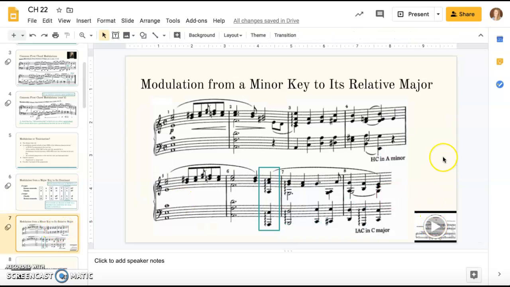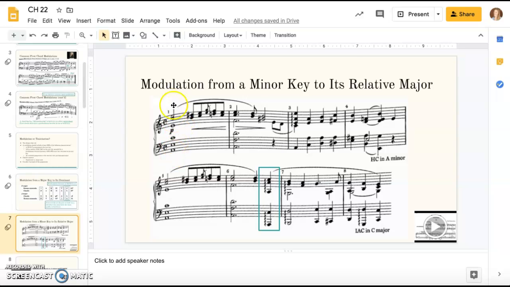Another recording I would love for you to listen to, but here we have a modulation from a minor key to its relative major. It's really easy to go from relative major to minor or vice versa because they have the same key signature. So it kind of is the same idea as those common chords where you're dealing with the same group of notes, but in order to really establish the new tonal center, you want to focus on do a little bit more.